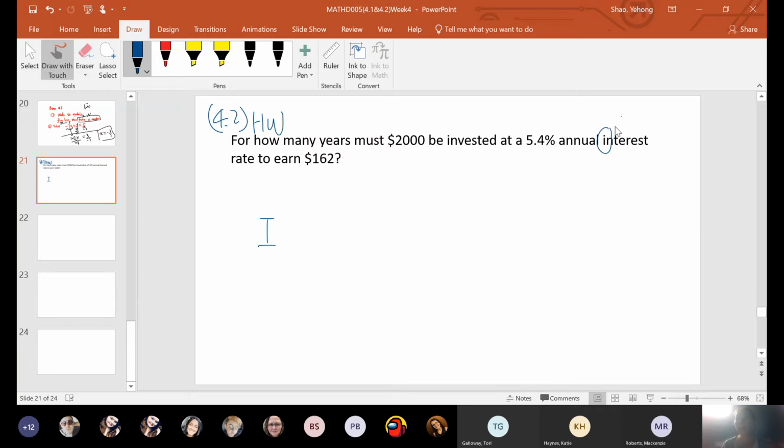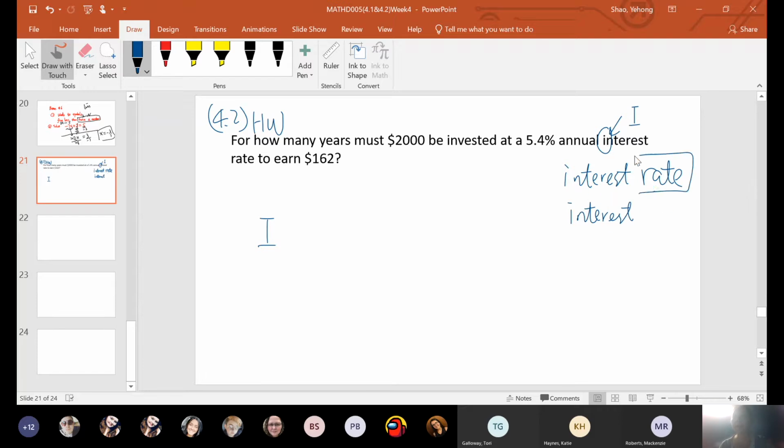Interest, we take the first letter, I. So there are two things you shouldn't get confused. One is called interest. The other is called interest rate. Interest and interest rate. These are different things. I don't know if everybody knows that.